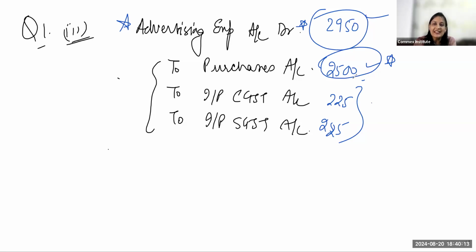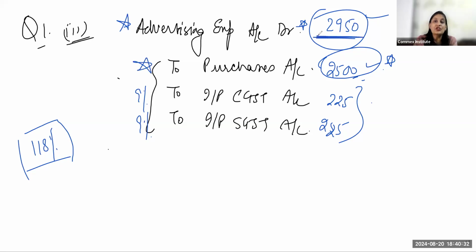In that case, you'll have to split it, so that would be basically 118%, because this is 9% and this is 9%. So then we have to do the reversal of the calculation. I'll talk about those questions also, but they are very important questions wherein sometimes they won't give you this figure, but they'll give you this figure, which is inclusive of 18% GST.